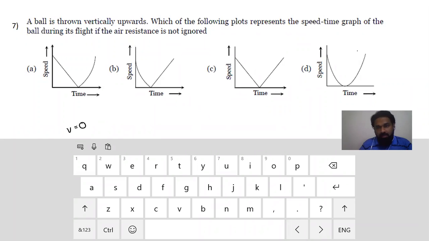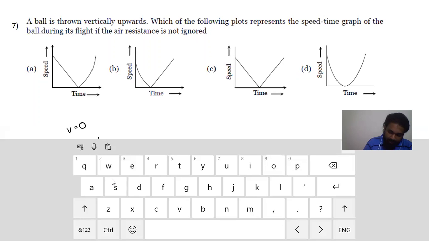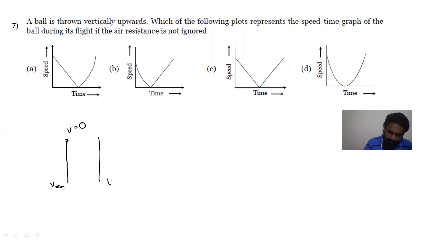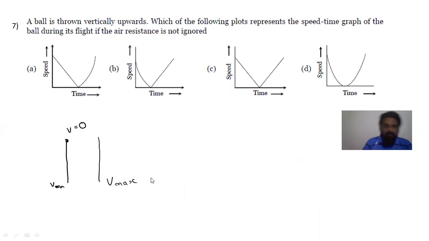Velocity is equal to 0 at the maximum height. So again, when it comes back, it will start with velocity 0, and when it reaches the bottom, it will have maximum velocity. So which graph will be apt?